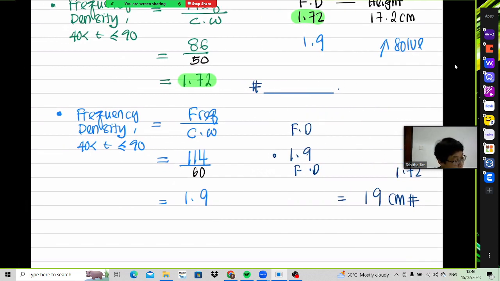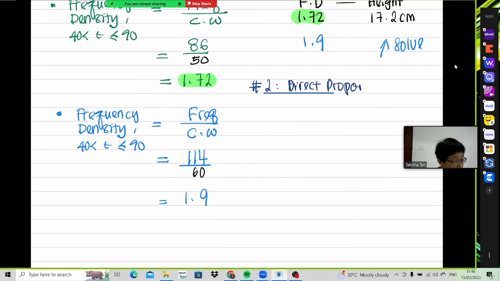Let's show that also. Once you have both options, you may choose whichever you want. With proportionality, of course, the answer will definitely be 19 centimeters also.